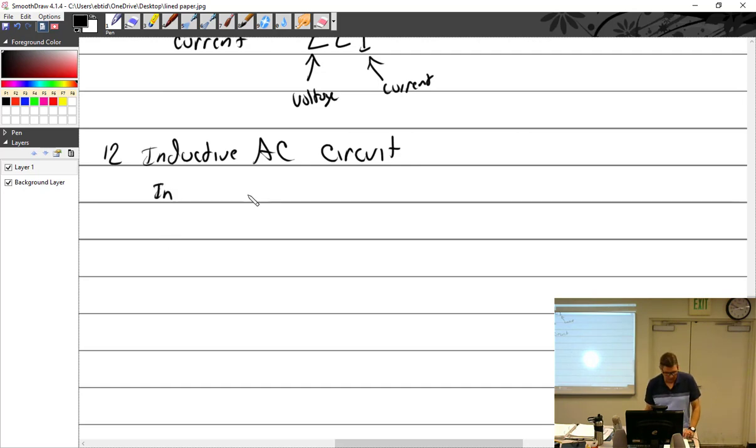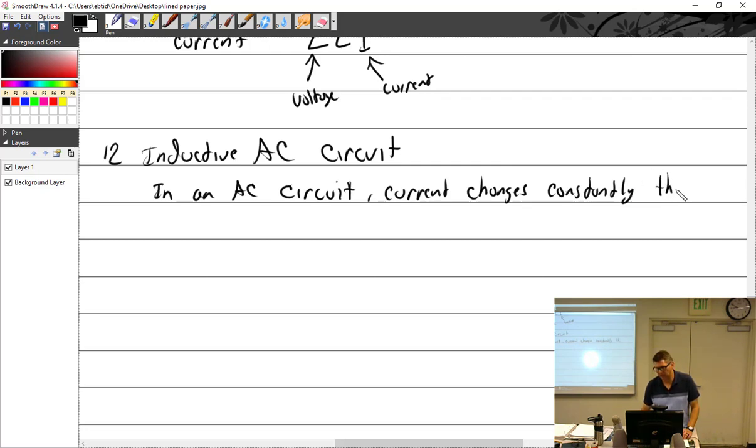Now, in an AC circuit, current and voltage change constantly. Therefore, the effects happen constantly.